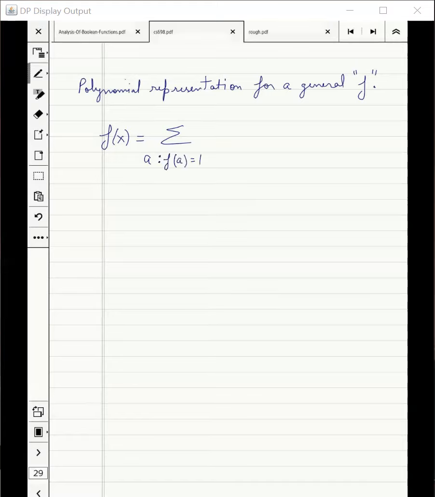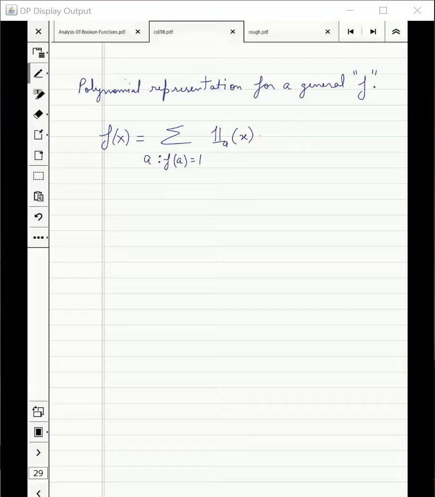How many a's can there be? At most 2 to the power n, right? Whatever are 1, take those a's and write the indicator.